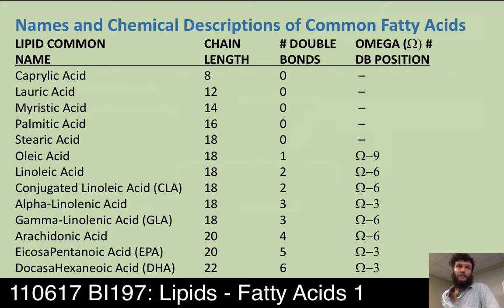But alpha-linolenic acid is also found in fish oil and seaweed, which is probably why it's in fish oil. There's a gamma-linolenic acid. That's an omega-6 fatty acid. Arachidonic acid is extremely important as a precursor to various steroid hormones. Eicosapentaenoic acid, EPA, and docosahexaenoic acid, DHA. Eicosa is a prefix that refers to fish.